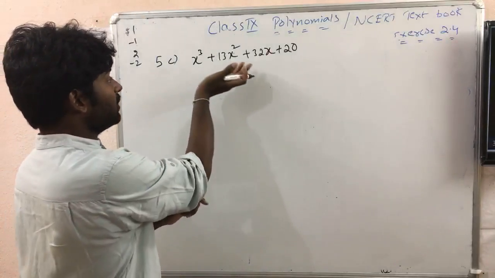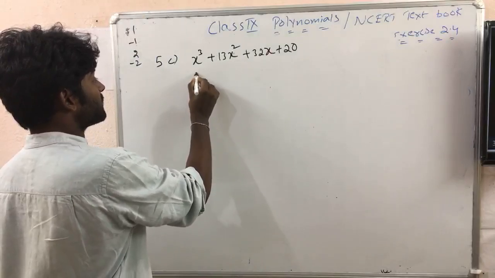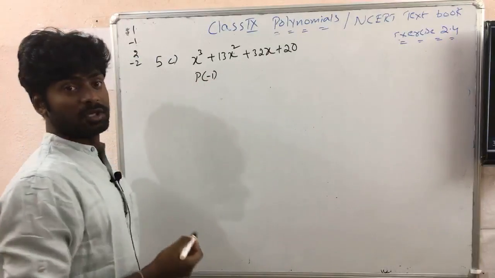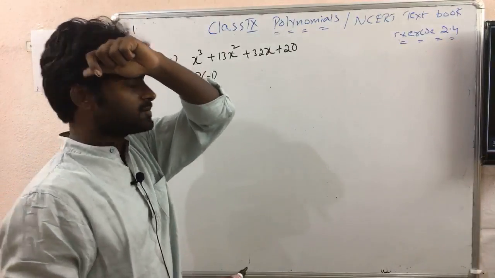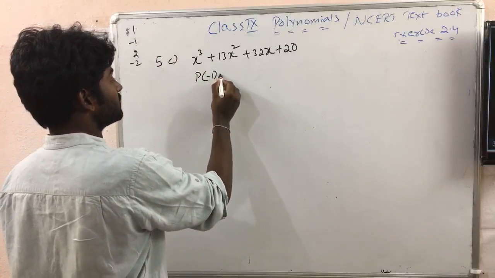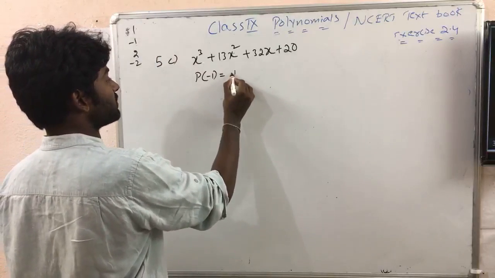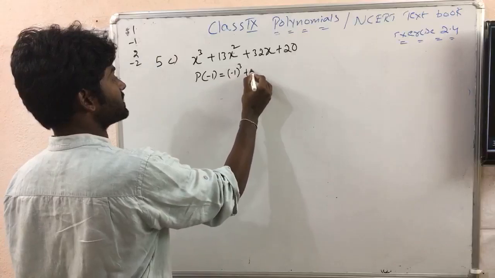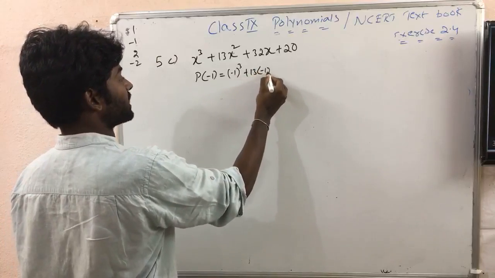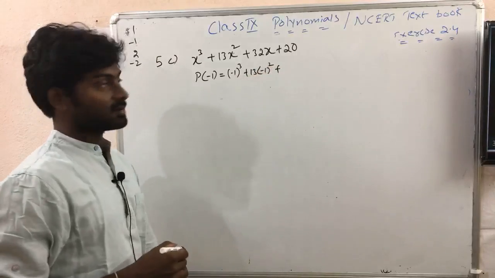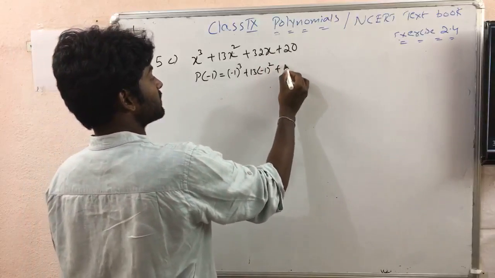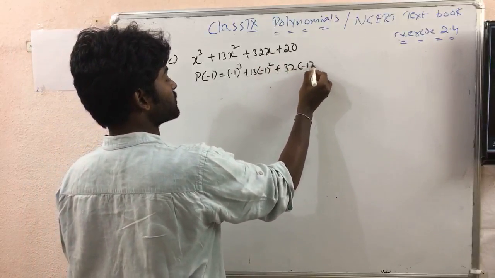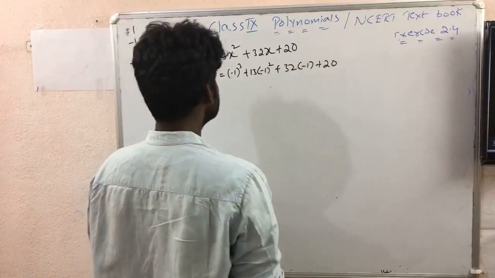Okay, now I am taking minus 1, p of minus 1. Now p of minus 1 equals minus 1 whole cube plus 13 into minus 1 whole square plus 32 into minus 1 plus 20.